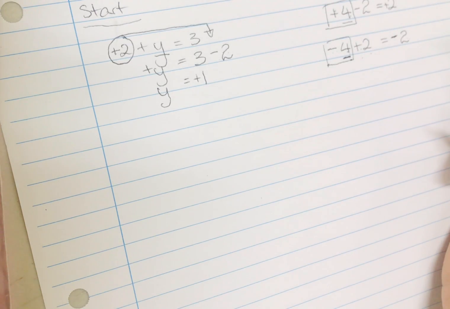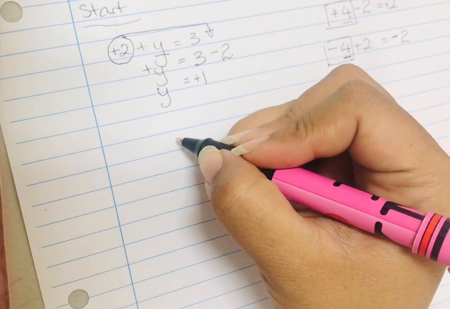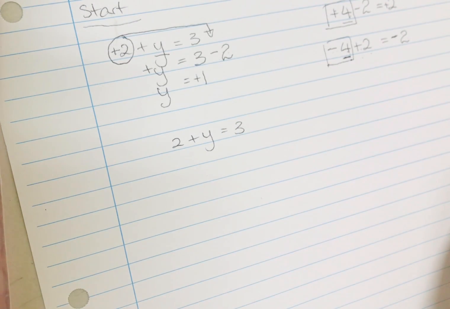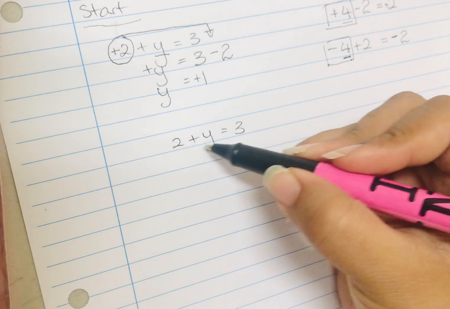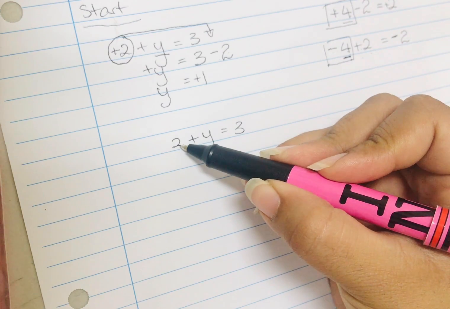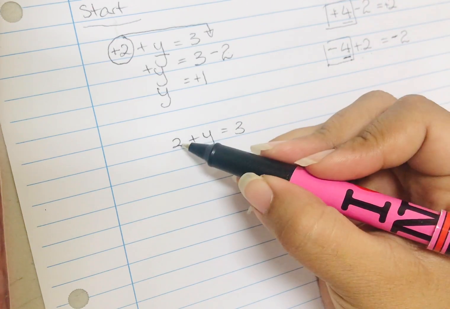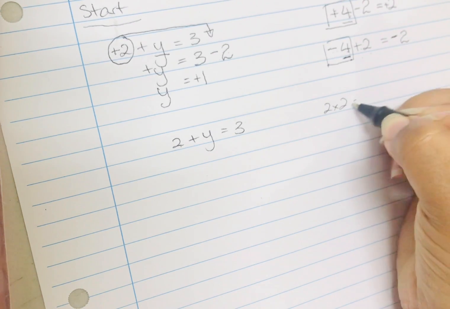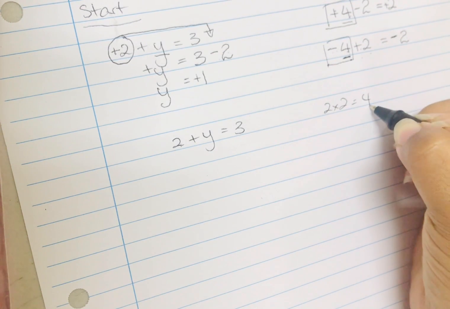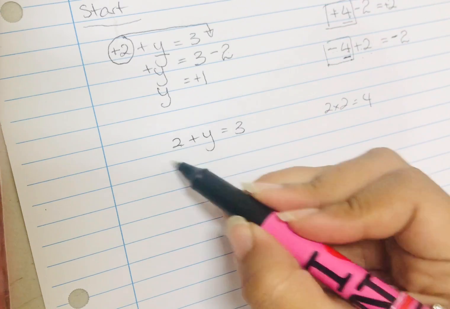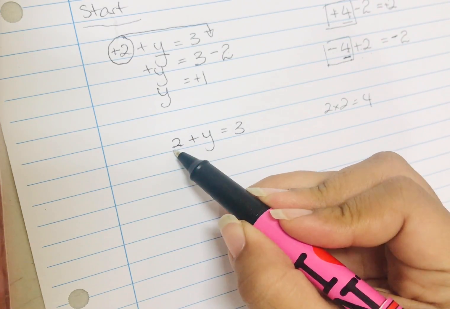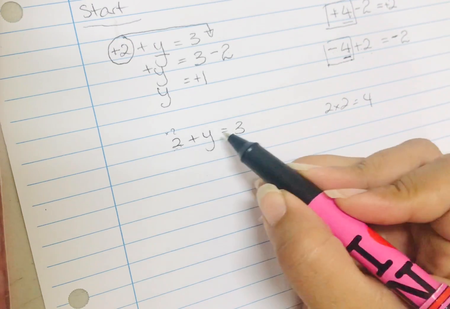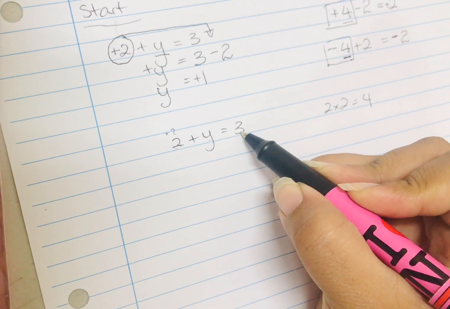If we have equations, let us say, same thing, 2 plus y is equal to 3, and we have to multiply, let us say, the 2. Let us say we wanted to make the 2 a 4. We know that 2 by 2 will give us 4. The only thing is that this is an equation. So we cannot just multiply and say, okay, we're going to multiply this 2 by 2. No. We have to multiply each term in the equation by 2.